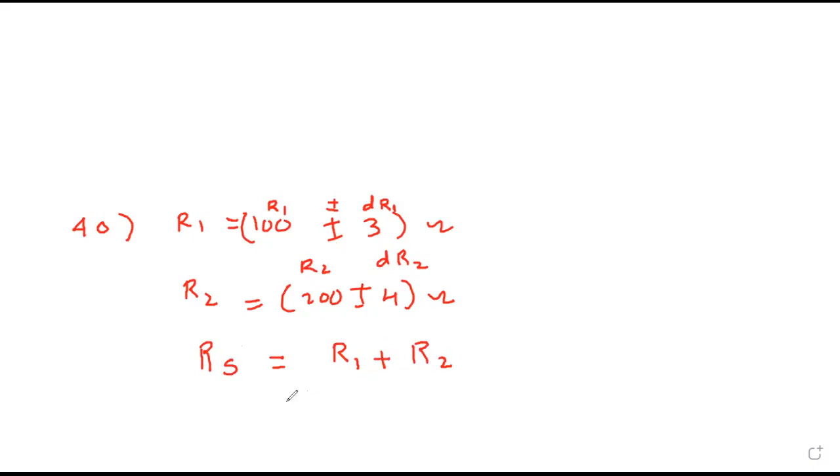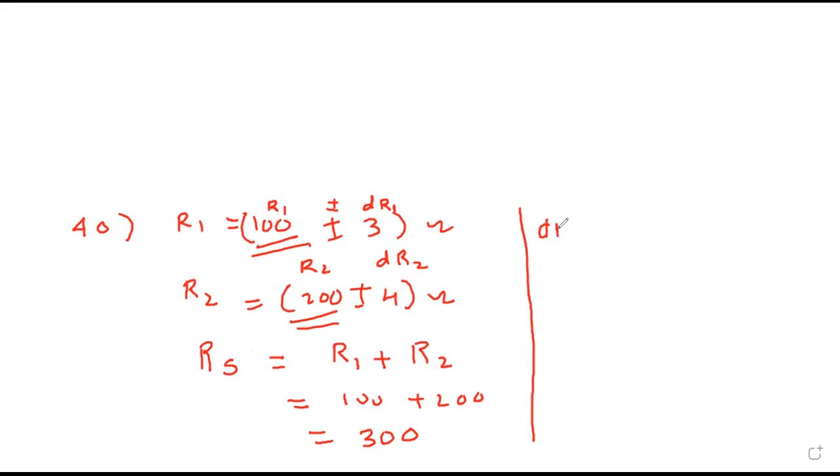First we will do the proper operation with the actual values. Resistance in series is R1 plus R2, 100 plus 200 equals 300. Now we have to find the error in RS. Error in RS is the error in R1 plus the error in R2. Errors are added, so this becomes 3 plus 4 equals 7.